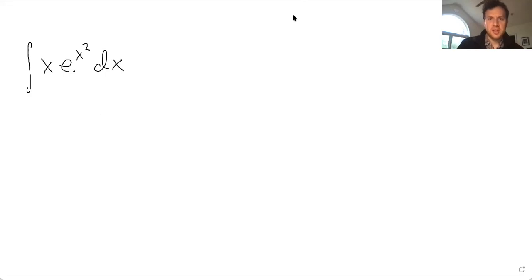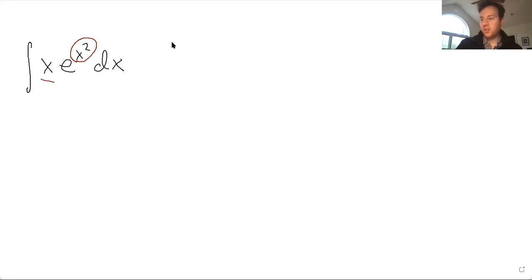But from a more sophisticated point of view, looking at this, there's an inside function, this x squared, inside, meaning also up in the exponent, and then there's this outside function x, and the derivative of x squared is basically x. So looking at that feature of this integral really suggests this is a good U-substitution integral.